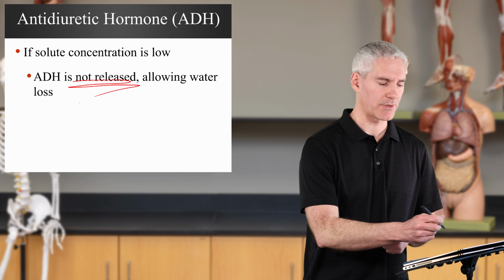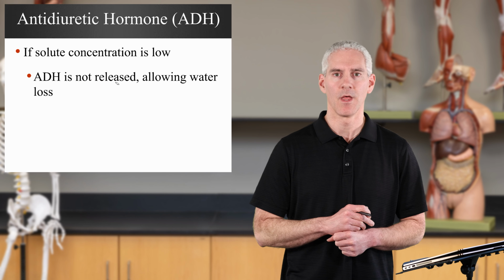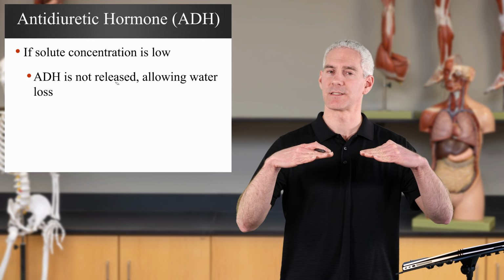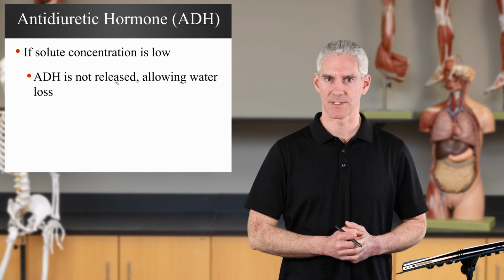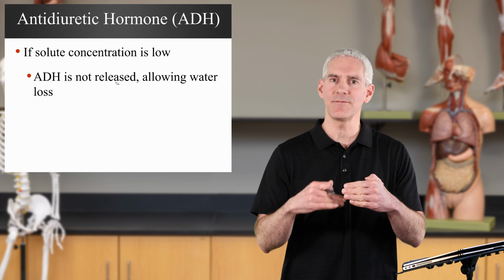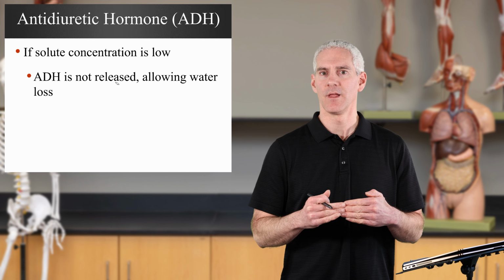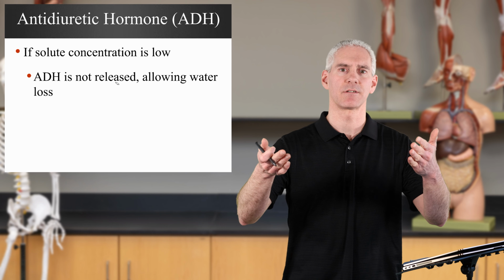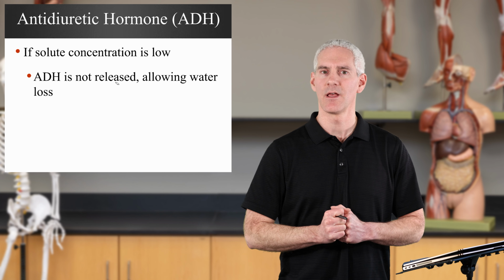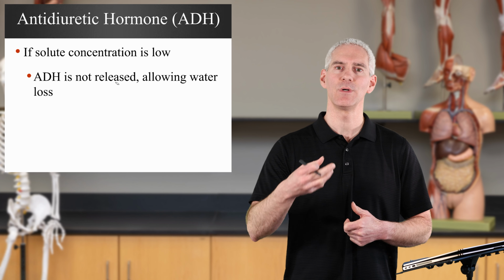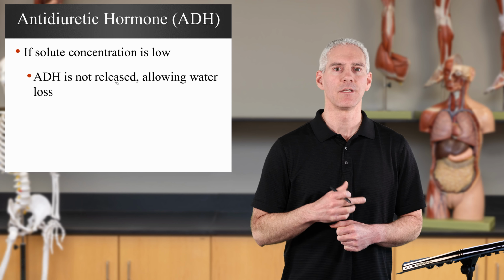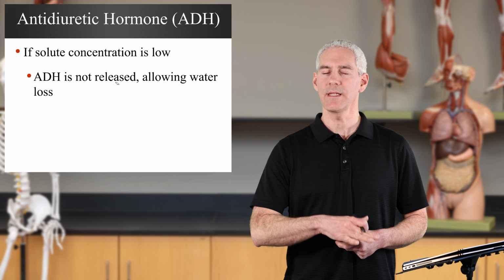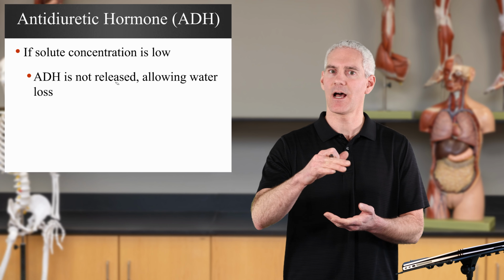Your solute concentration is low. You want to try to bring it up a little bit to where your homeostatic levels are. And this is a give and take throughout the day. You'll have higher concentrations of solute, you'll have lower concentrations of solute. It all depends on your fluid intake. So ADH is trying to help regulate that and maintain a balance.